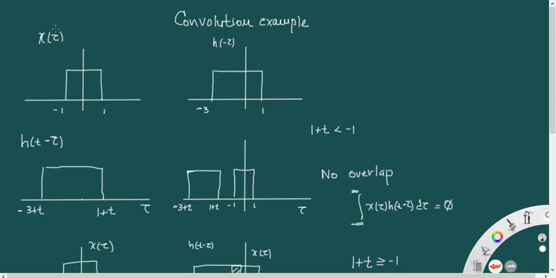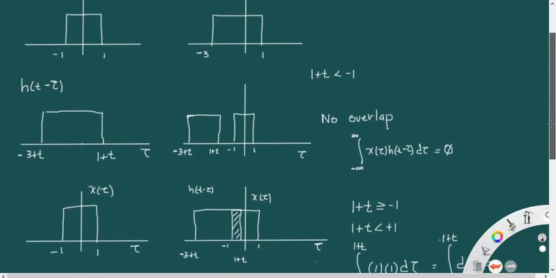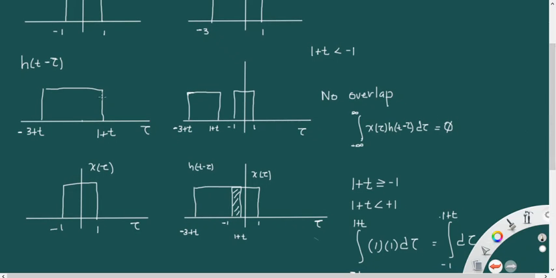Okay, so this is the h of tau, and this is the x of tau, and this is the h of minus tau, and this is both functions the same as we represented in our last lecture. Now, this is the general form of the h of t minus tau. We are expressing here in this general form, a is equal to minus 3 plus t and 1 plus t, because these are the values of tau, and this will be the values of t.